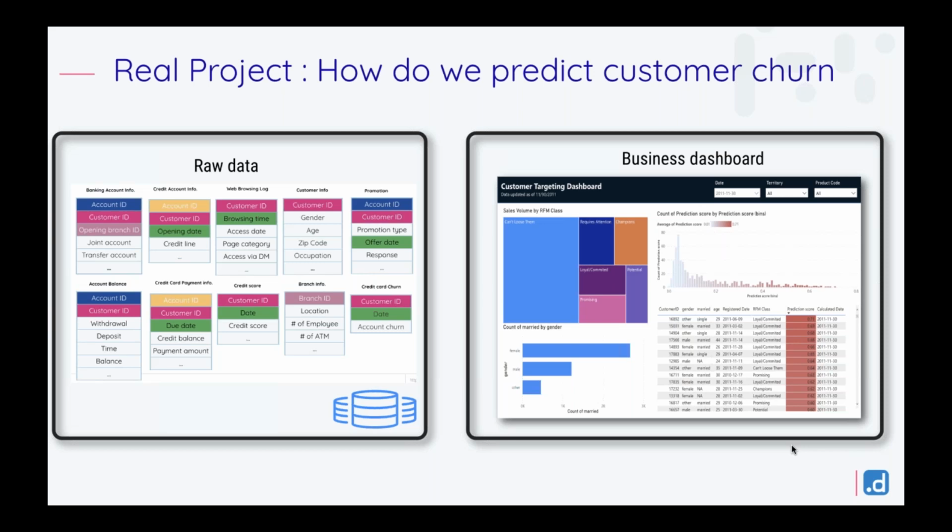In this business dashboard, they will automatically display who are the higher risk customers, what are the factors leading to their churn, so that the sales and marketing team can react to that information on a weekly basis, or maybe even on a daily basis, to those higher risk customers by offering them some incentives to keep their credit card.